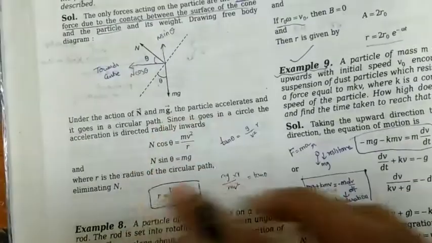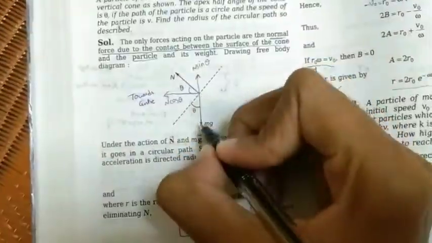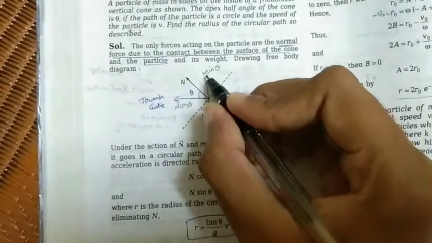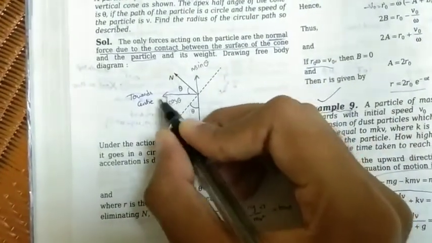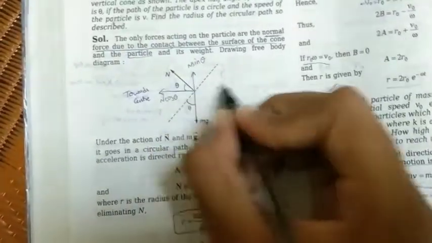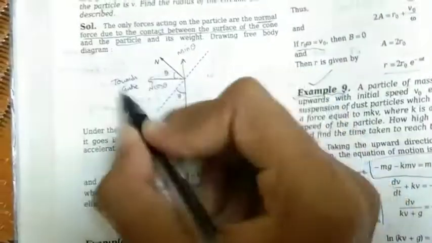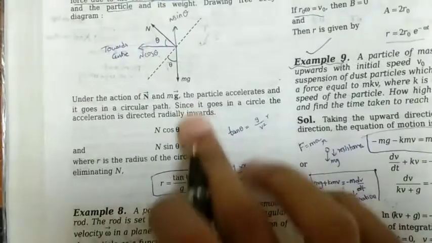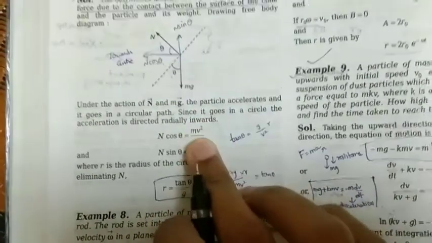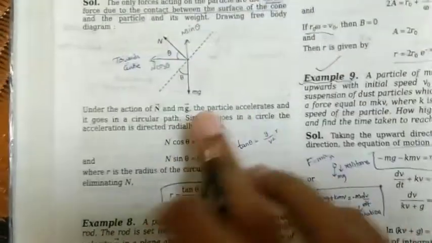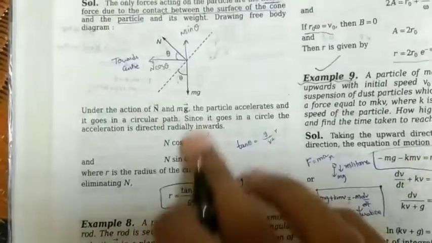So from the diagram we would have the following equations. mg is balanced with n sin theta, a component of n, and the cosine component of n is balanced with mv square by r because of the radial force. This is a circle, so the radial force is balanced with centripetal force.